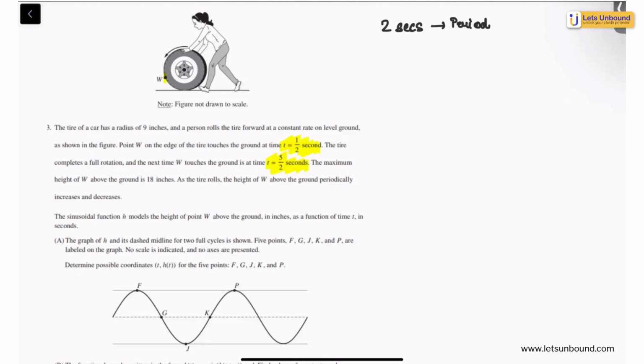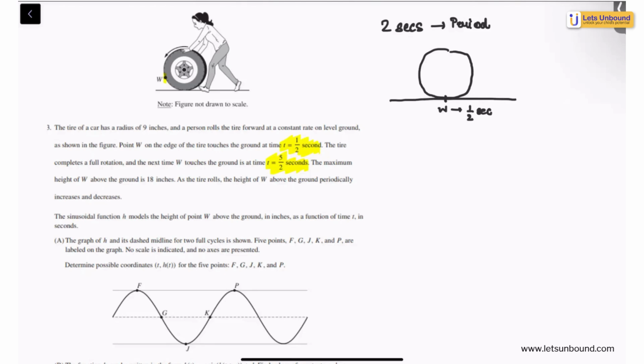As a graph, we need to understand how the height is increasing and decreasing. When the tire touches the ground, point W touches the ground at half a second, and after 2 seconds it comes back and touches the ground once again.